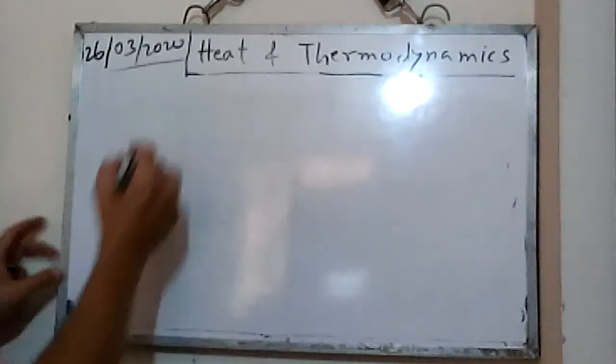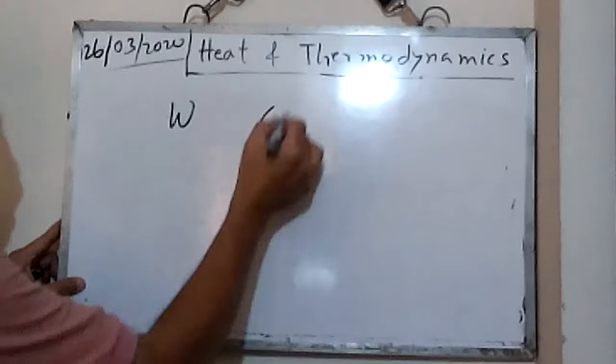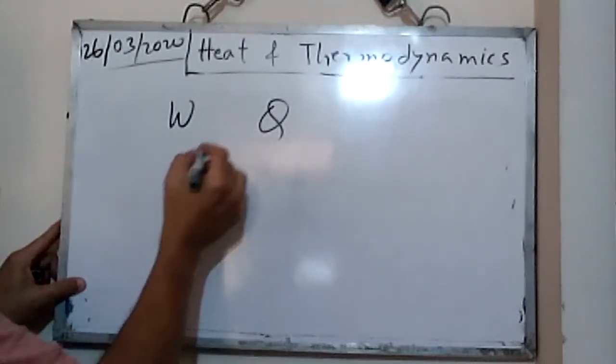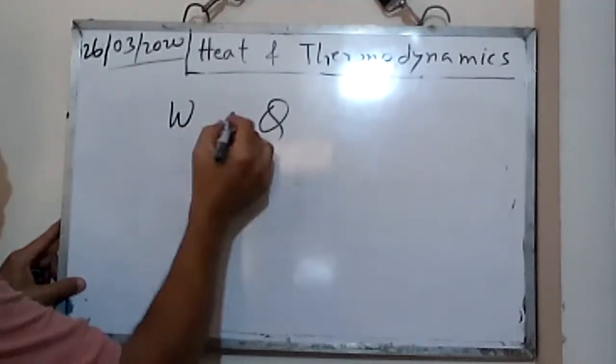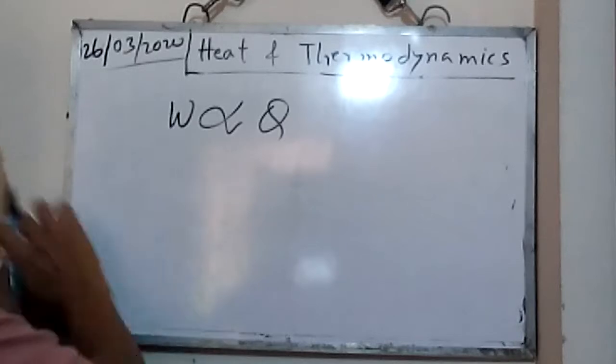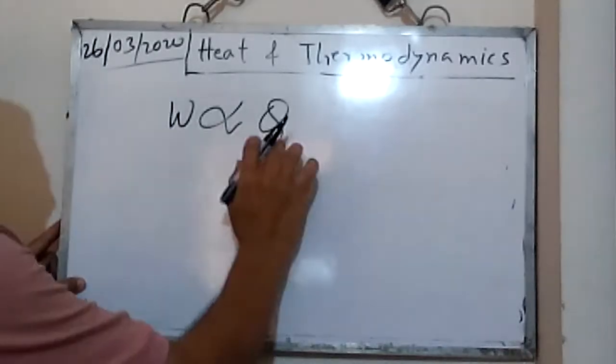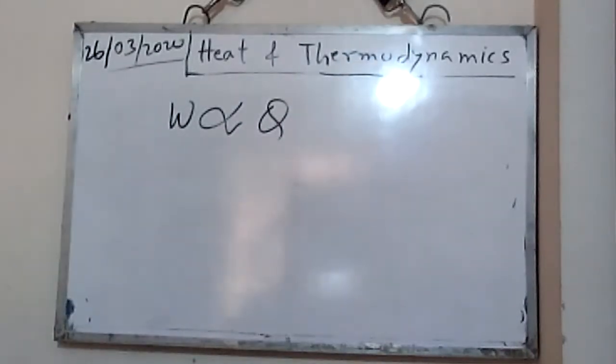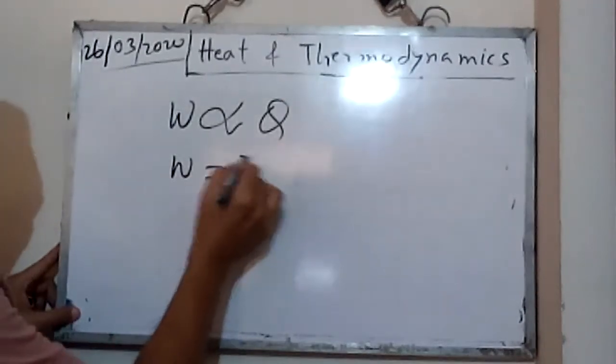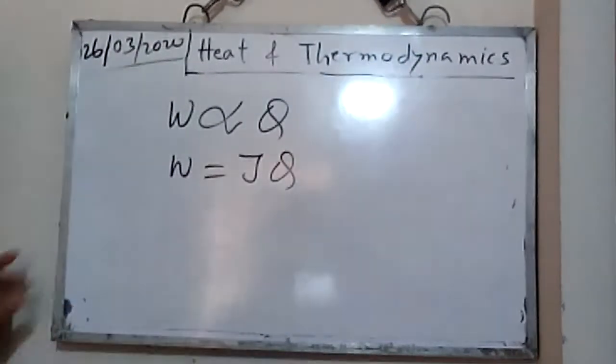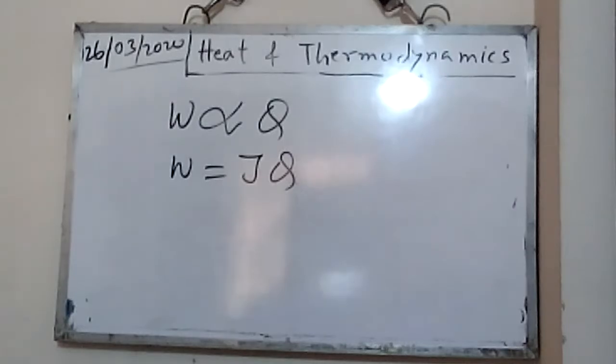Suppose W is the mechanical work and Q is the heat energy. The mechanical work done is proportional to heat energy. Now W equal to JQ. J is the proportionality constant, also called the mechanical equivalent.